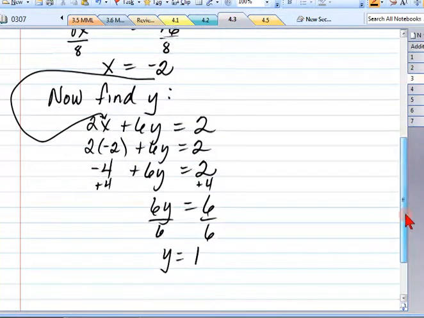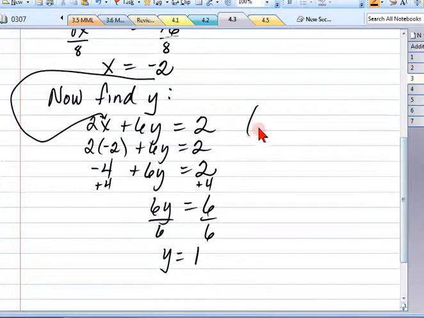It will want an ordered pair, so your ordered pair should be negative 2 and 1.